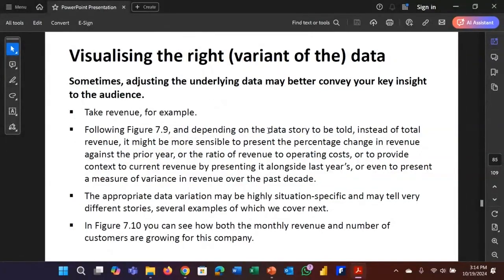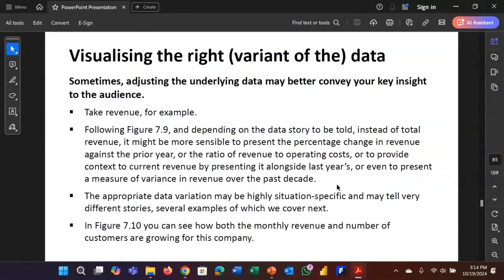For example, following figure number 9, depending on the data story to be told, instead of total revenue, it might be more sensible to present the percentage change in revenue against the prior year, or the ratio of revenue to operating costs, or to provide context to the current revenue by presenting it alongside last year's. So you compare last year, this year, and then compare the change and things like that.